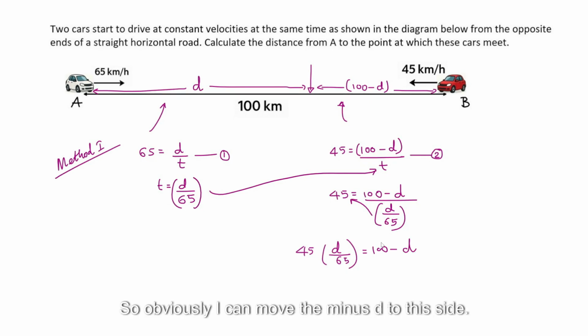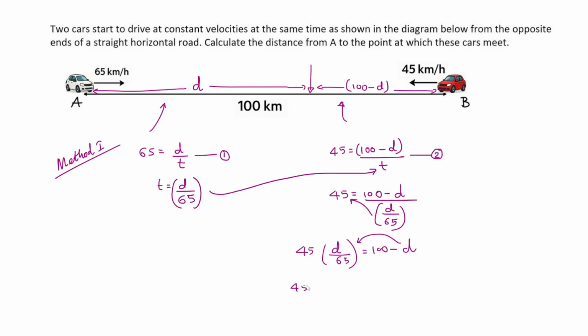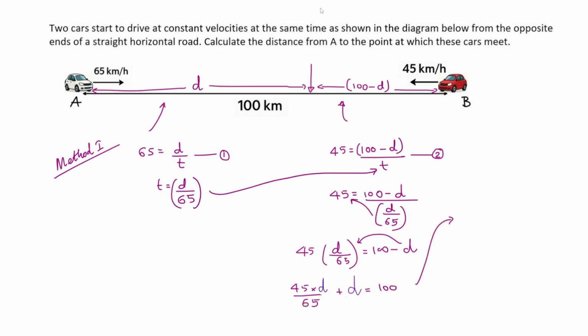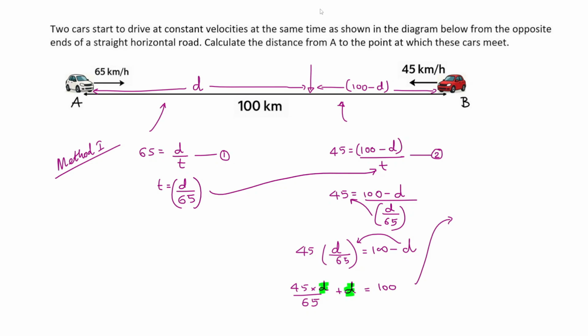So obviously I can move the minus D to this side. So it's 45 times D over 65 add D is equal to 100. Now from this one I can factorize the D out because I've got D here. So let's factorize the D out.